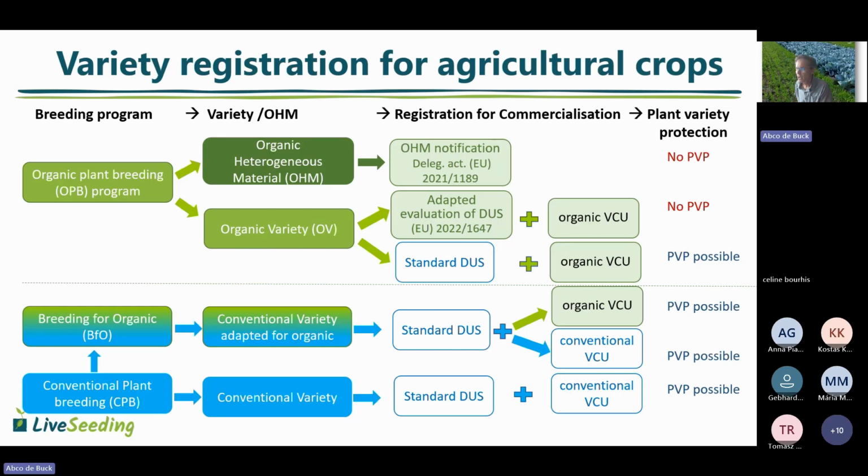And we see also some kind of cross routes from breeding for organic varieties, as we call it, to conventional VCU and to organic VCU. There is also a route, not on this picture, but we discussed it this morning, from conventional plant breeding, conventional variety. All right, please be welcome to put it also under organic VCU, VCU under organic conditions, with the stress on characteristics that are important for organic farming.